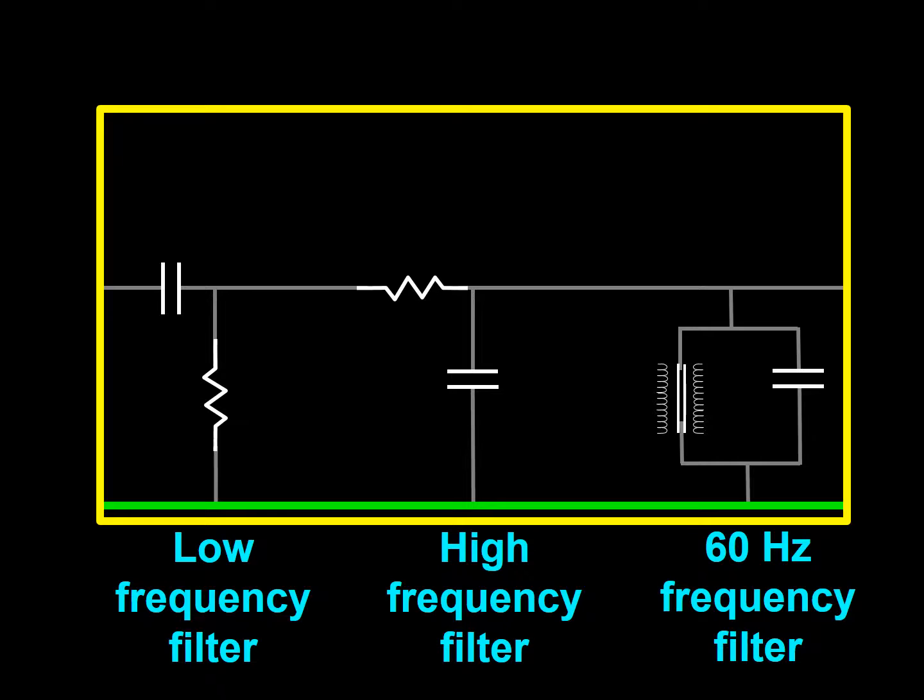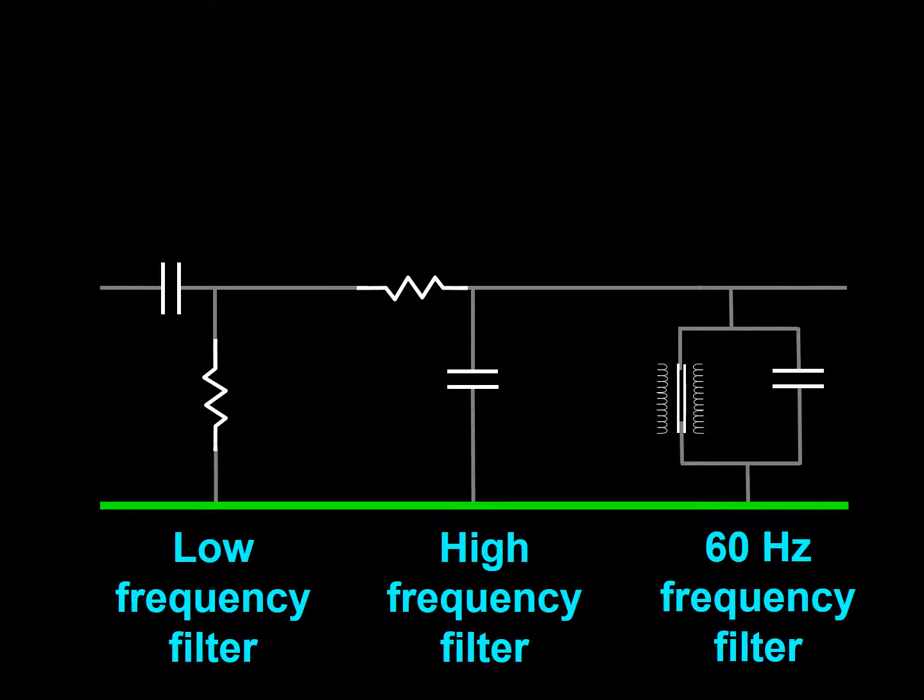Classic analog filters were once used in most electrodiagnostic equipment. Classic analog filters are of three types: low frequency filters, high frequency filters, and 60 Hz frequency filters. 60 Hz filters are also called 50 Hz and notch filters.